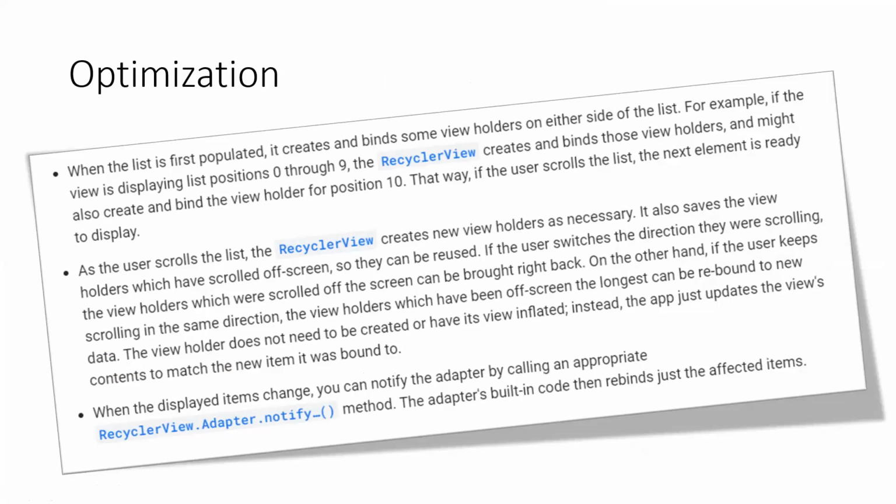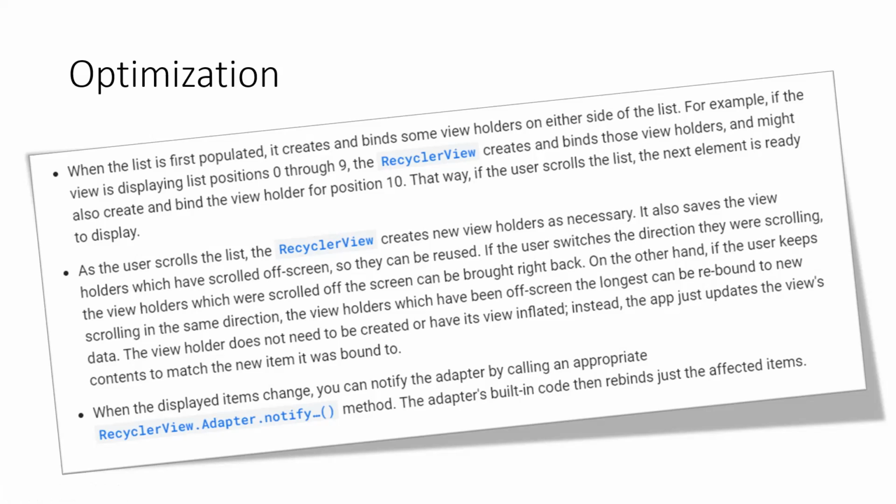For example, if a view is displaying list position 0 through 9, recycler view creates and binds those view holders, and might also create and bind a view holder for position number 10. Suppose on a screen you are visualizing 0 to 9, 10 elements. So it also gets ready the view holder for the next position. That way, if a user scrolls the list, the next item is ready to display. I hope it makes sense to you.